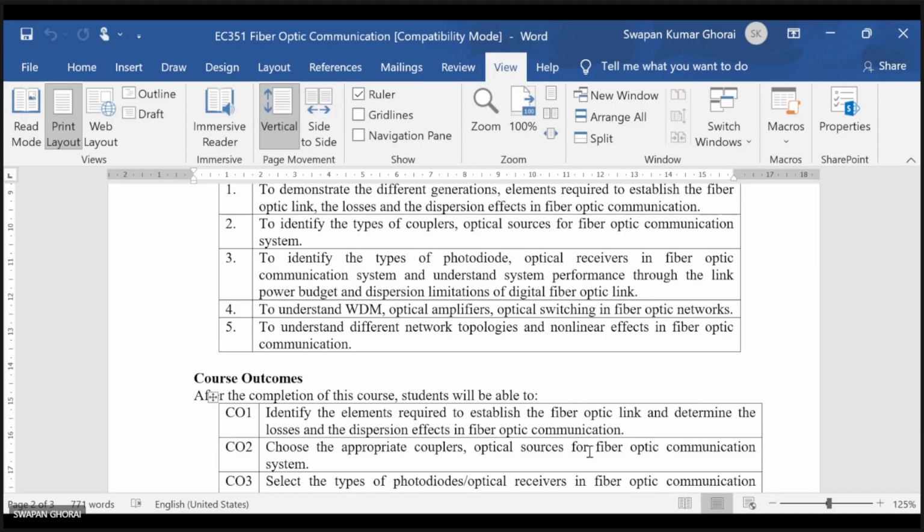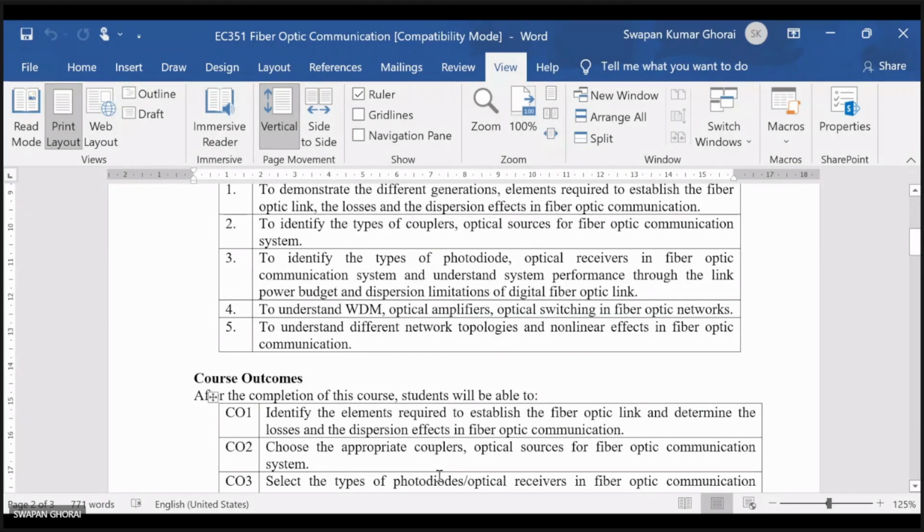Based on these, you can determine how much the loss is and what data rate can be achieved with your components. This is one outcome.